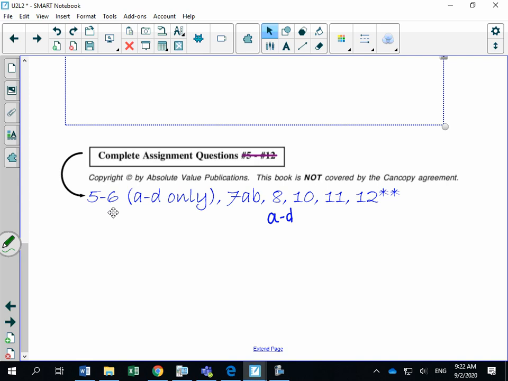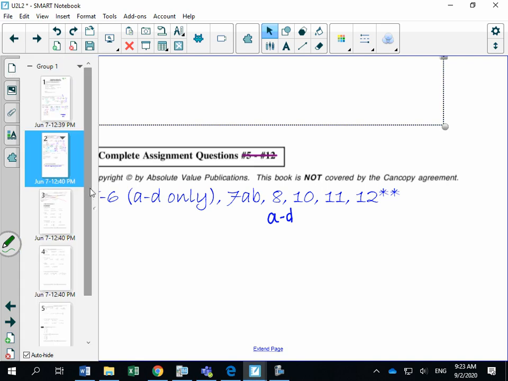So 5 and 6, A to D, 7, A, B, 8, A to D, 10, 11, and 12. So get that circled. And then we're going to do, we'll look at number 12 together. I'll see why I have that done. So let's look at that.